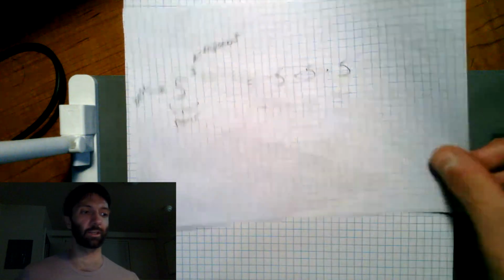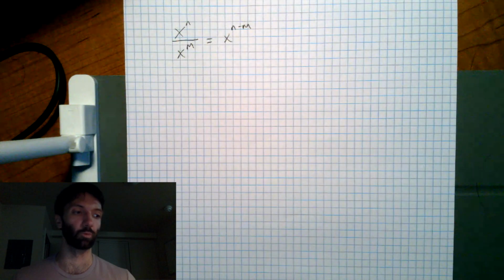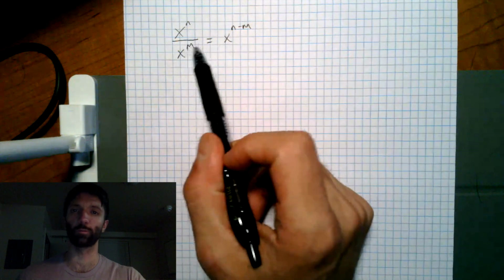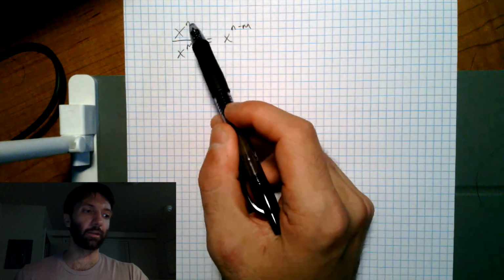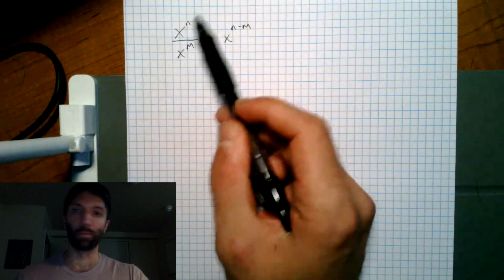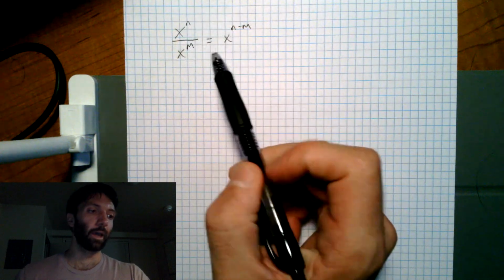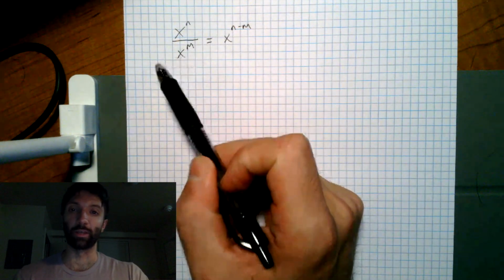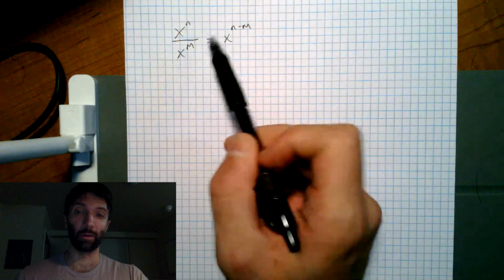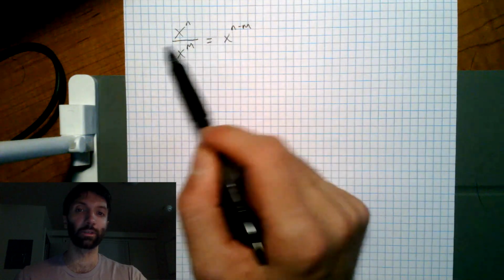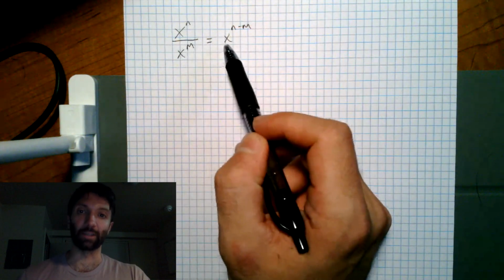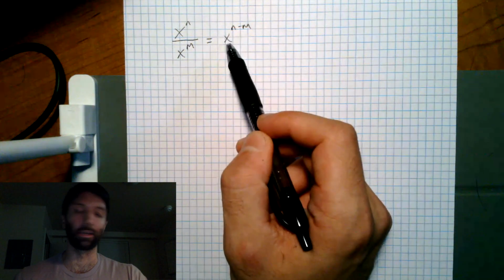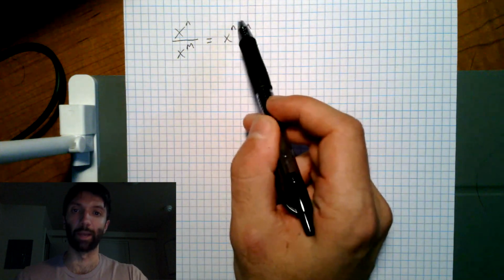Alright, so with that said, here's the rule itself. What the rule says is that if we have x raised to some number n power, and we have x raised to some number m power, and we divide these powers, we can express that as that base, x in this case, raised to the power of n minus m.